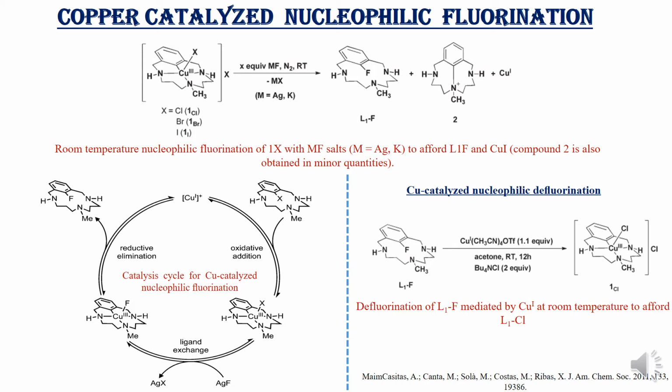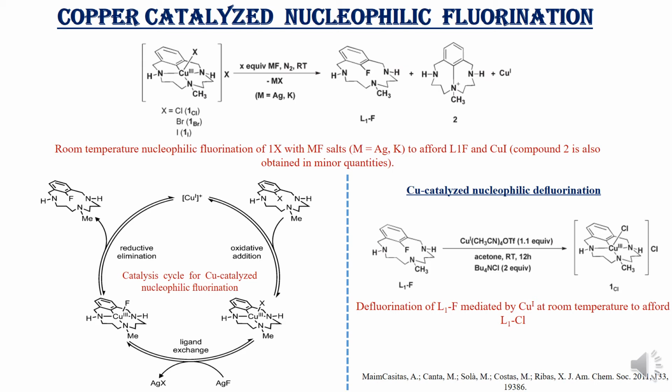Here, copper(I) was used as our catalyst, and the oxidative addition takes place, and we get a copper aryl complex, after which the ligand exchange takes place, and the halide was exchanged with fluoride, and a copper(III) fluoride complex was formed, which undergoes reductive elimination, and we get our desired aryl fluoride, and the catalyst was regenerated to copper(I).